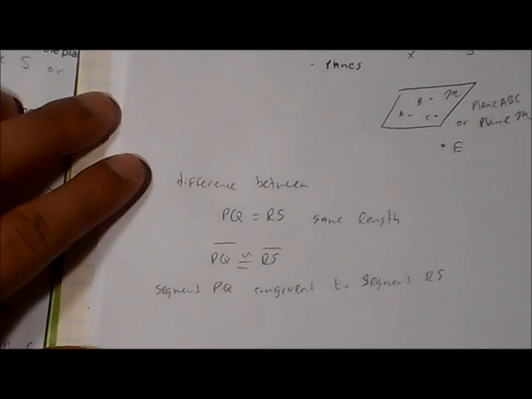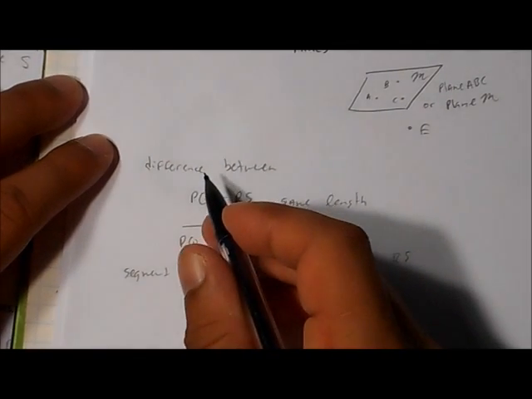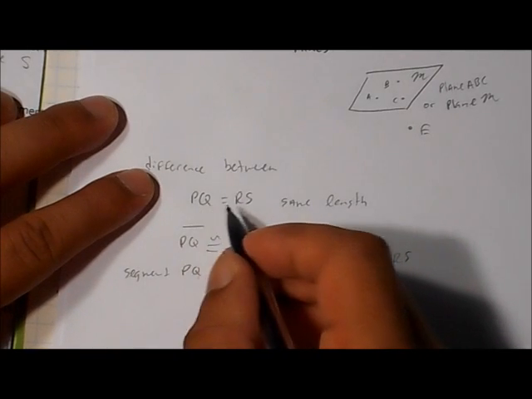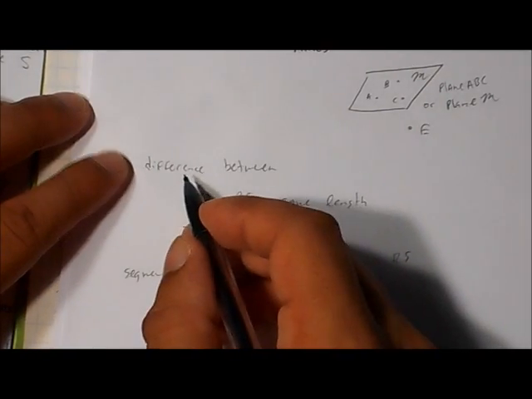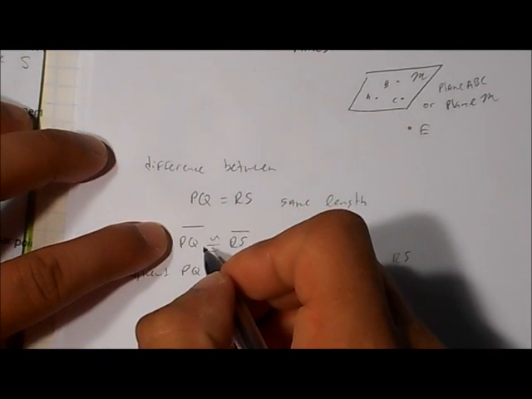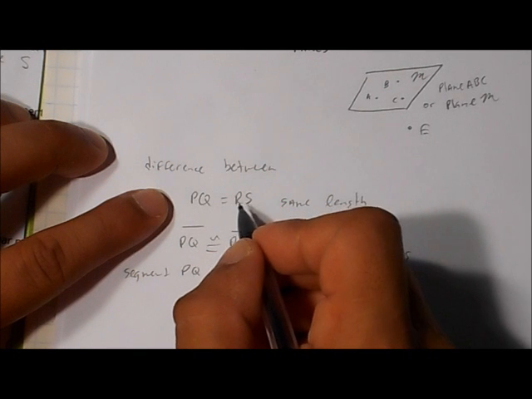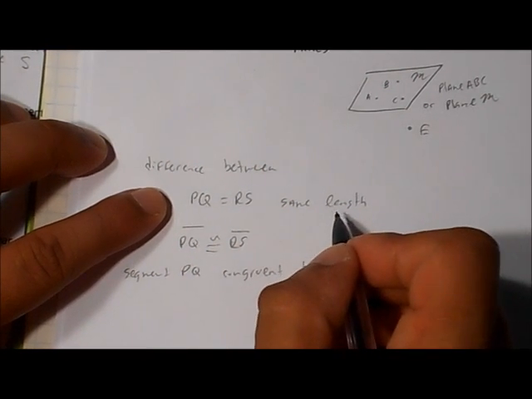Now here, later on in the section you'll see the difference between, well, we can see PQ is equal to RS. We're going to try and determine the difference between this one and that one. PQ and RS is just giving us a length.